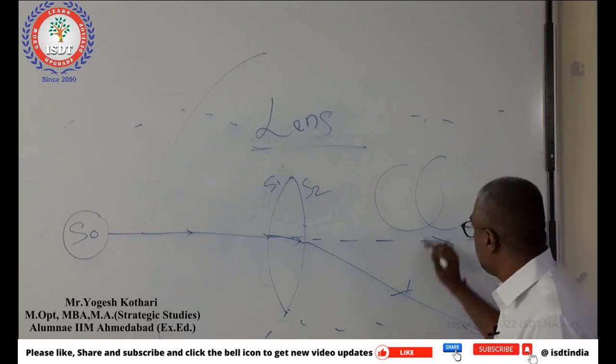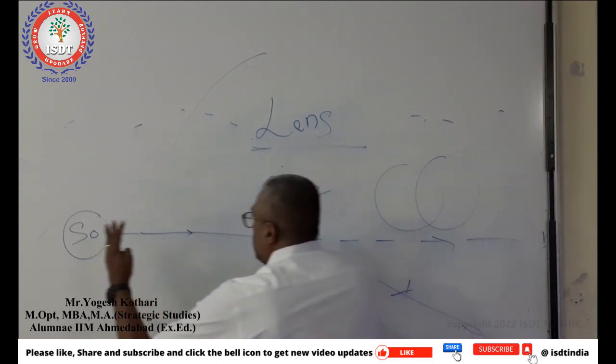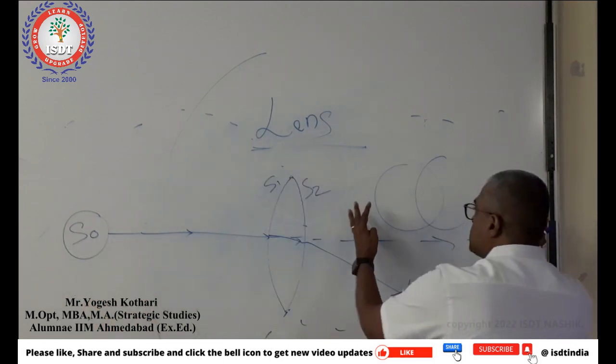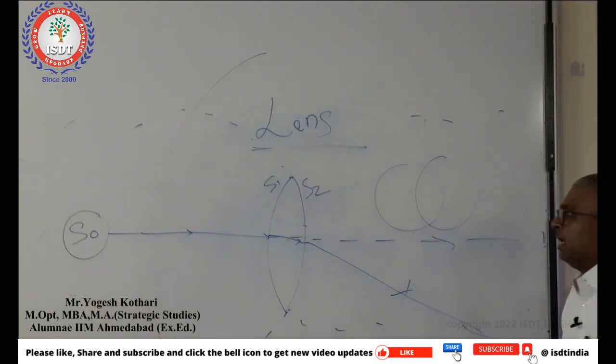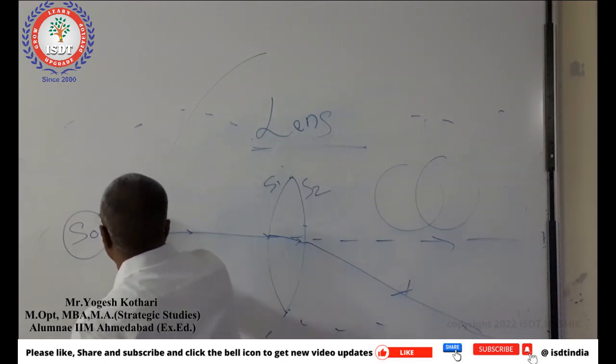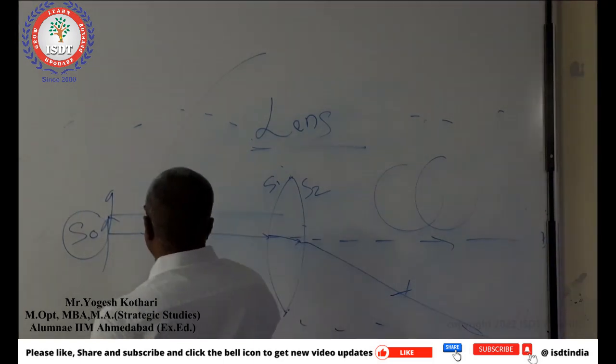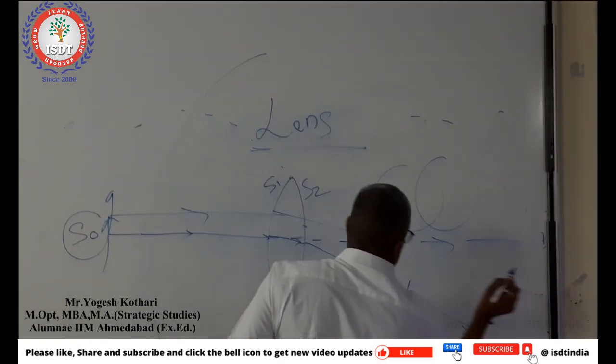But now when I put something in between here, the image of this will be created at this point somewhere. Suppose we just draw an object here, say this is the object, and this is a light coming to it, passing through it this way.